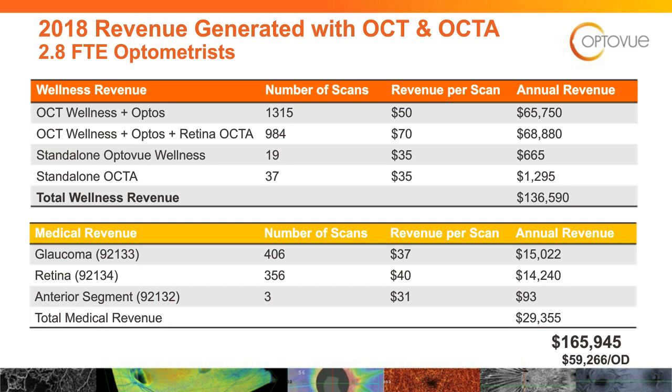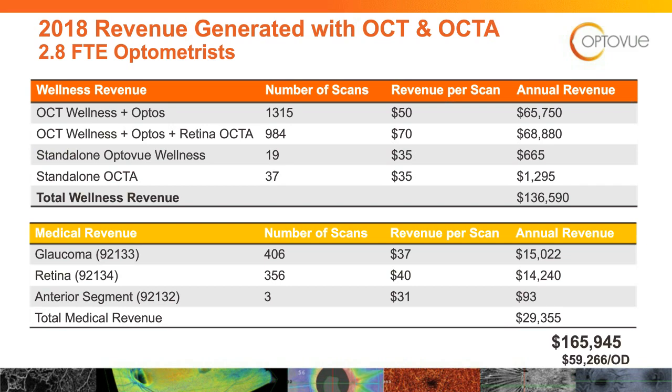Now, we do have Optos in our practice. And with Optos and OCT Wellness, it's $50. Optos, OCT Wellness, and OCTA, $70. In 2018, as I mentioned, September 25th was whenever we added the OCTA.